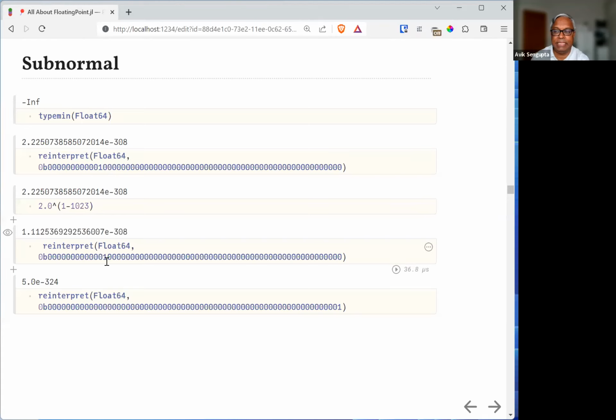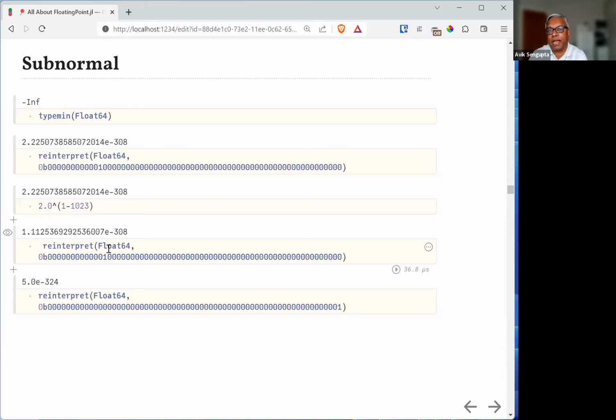Think about when we were writing scientific notation: the significand you write as 1 point something, times 10 to the power minus 20 or whatever.